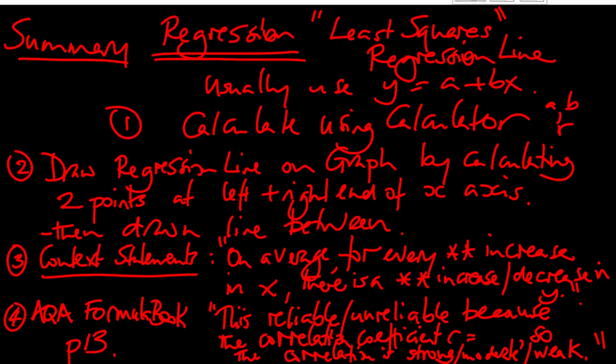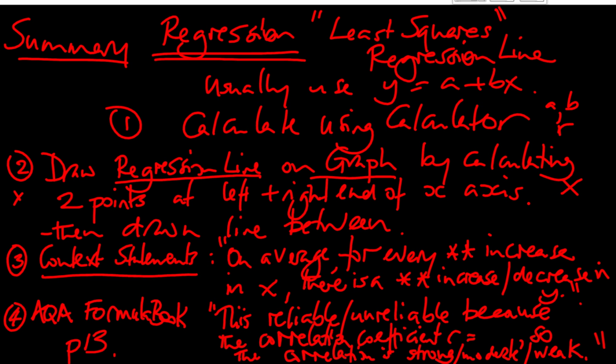Secondly, they ask you to draw the regression line onto a scatter graph. You can do this by calculating 2 points, one at the left-hand end of your graph and one at the right-hand end of your graph, and then draw a straight line between them. Okay. Third part is context statements.